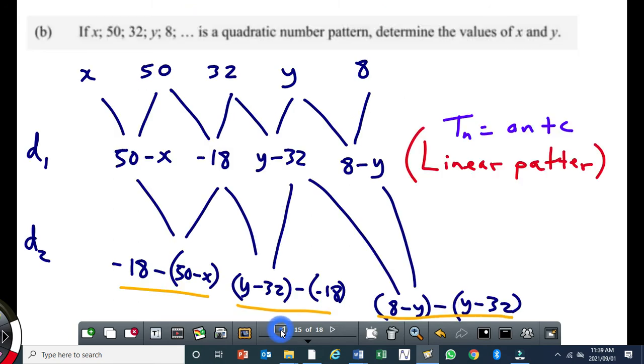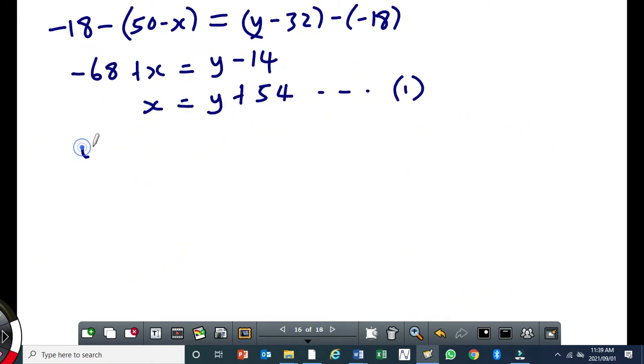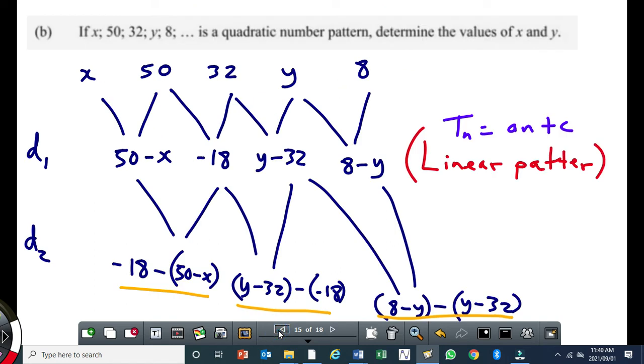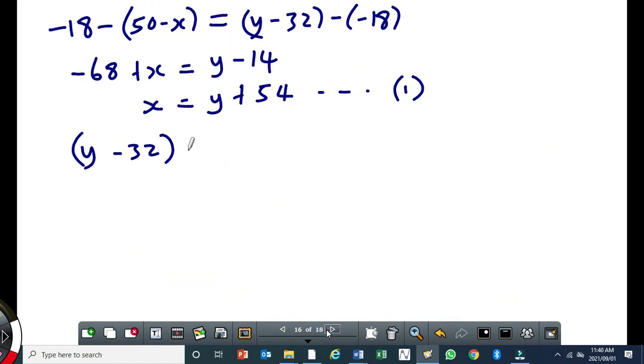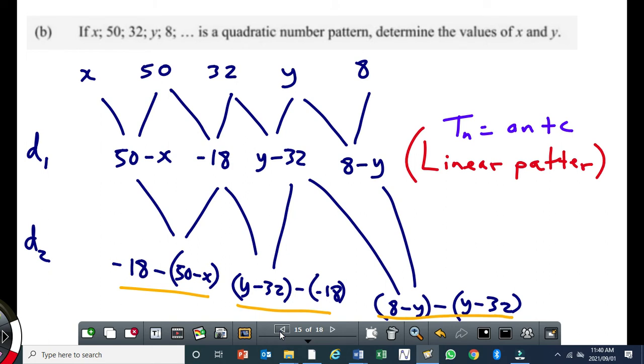So this one here, you can do it the way you feel like. y minus 32, minus 18, minus 18. Are you following this? Then I equate that to this one.